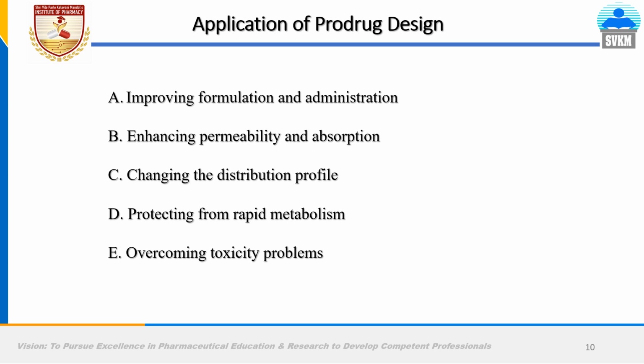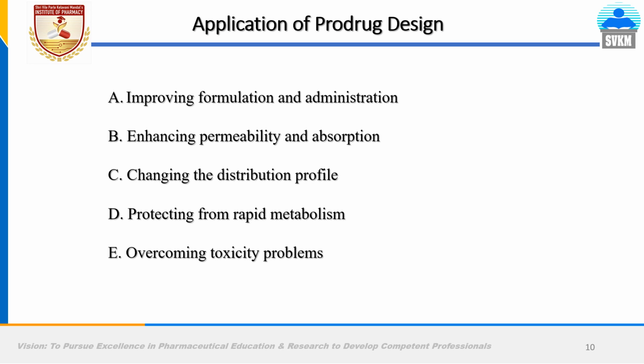Next is enhanced permeability. For example, when we use a drug in the eyes, like in glaucoma, there are permeability issues, so we can increase the permeability by modifying the drug into esters. We can also change the distribution profile.